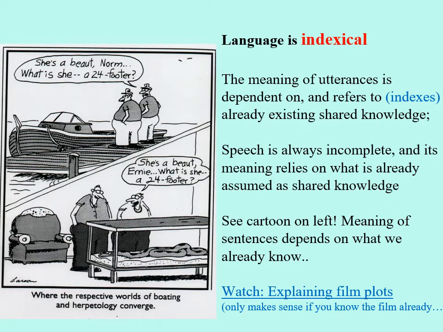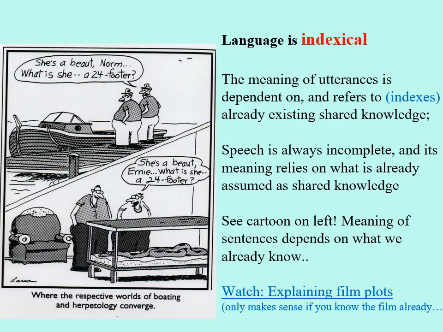Every sentence, every communication we use capitalizes on what we assume to be already known. So sentences index shared knowledge. That means that speech is always incomplete and its meaning partly relies on what is already assumed as shared knowledge.